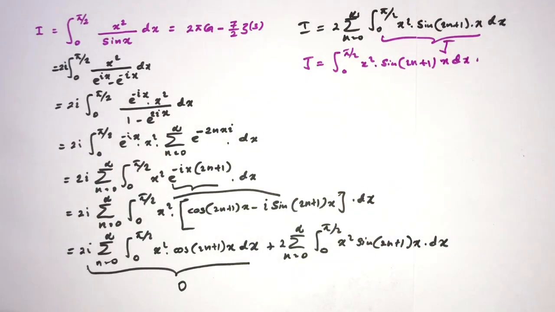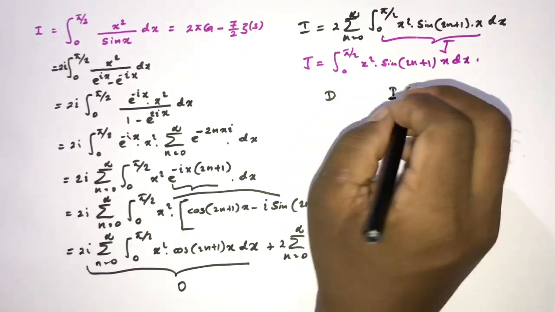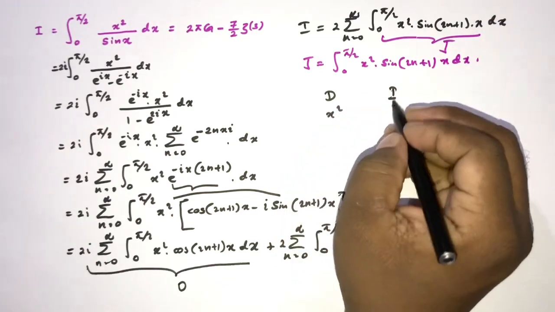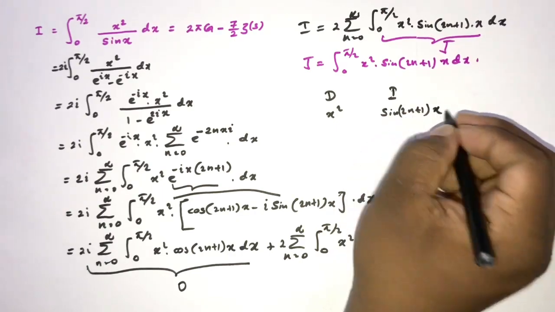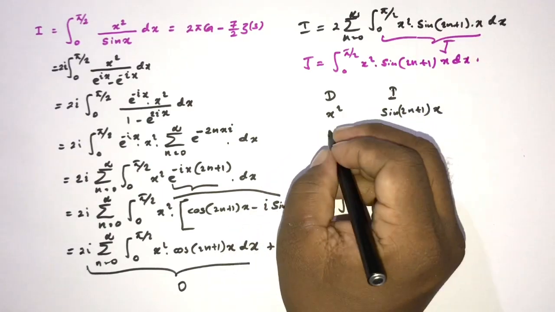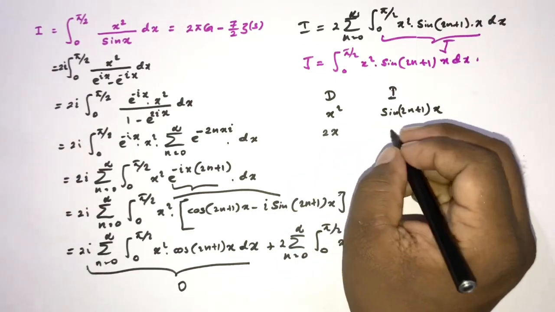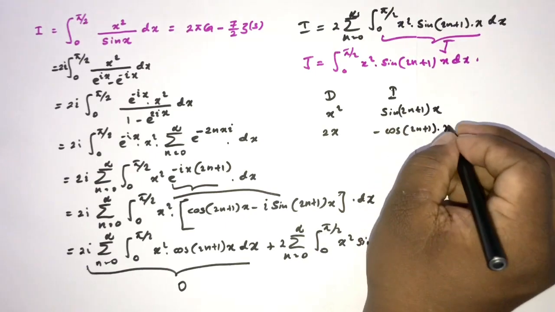To evaluate this integral we can use the DI method, differentiation and integration. Here we have x squared, and here sine of 2n plus 1 times x. Now the derivative of x squared is 2 times x. Now the integration of sine of 2n plus 1 times x is minus cosine of 2n plus 1 times x.